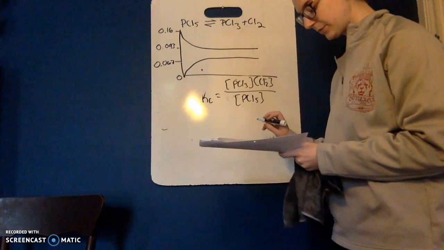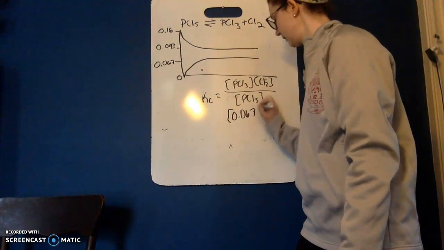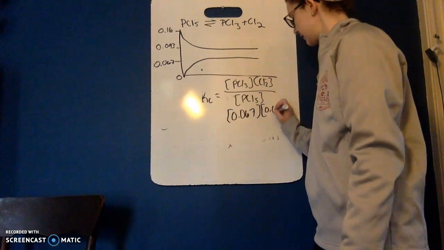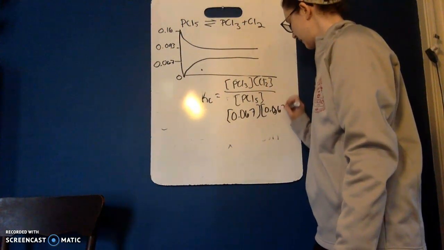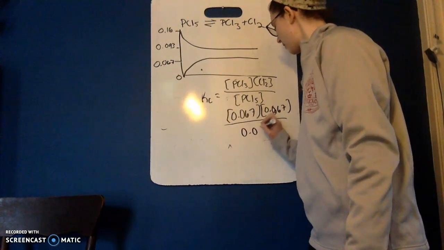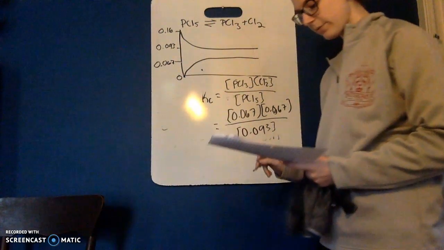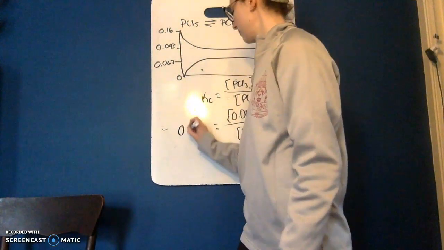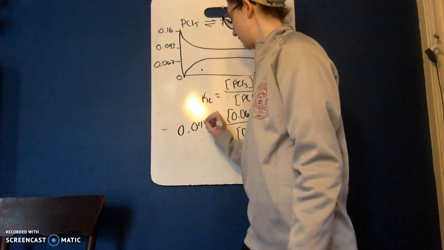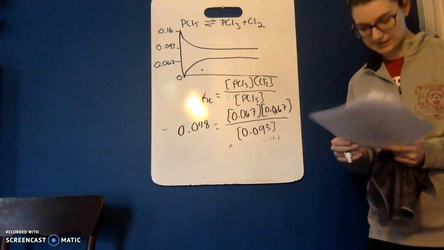We just solved for the equilibrium values, so we know we have 0.067 times 0.067 divided by 0.093. If we plug that into a calculator, we get 0.048 as our Kc value, and remember the Kc value has no units.